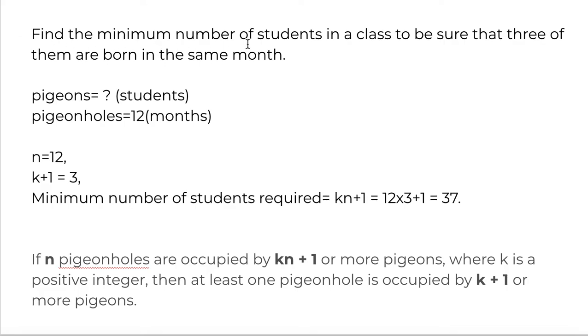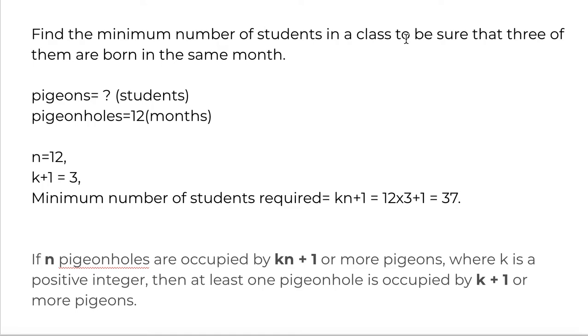Find the minimum number of students in a class to be sure that 3 of them are born in the same month. So try to identify the pigeons and the pigeonholes. The question is, find the minimum number of students in a class to be sure that 3 of them are born in the same month. So you have to place the students into the months. So what are pigeons? What are pigeonholes?